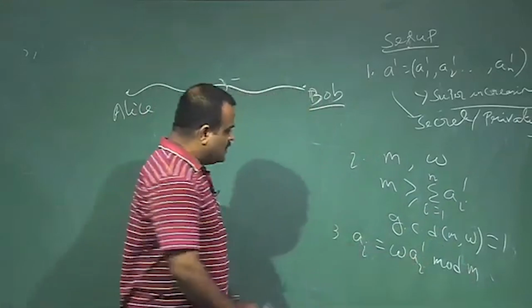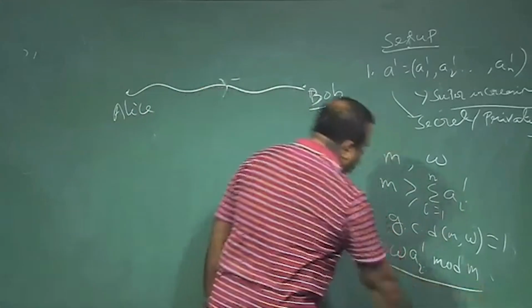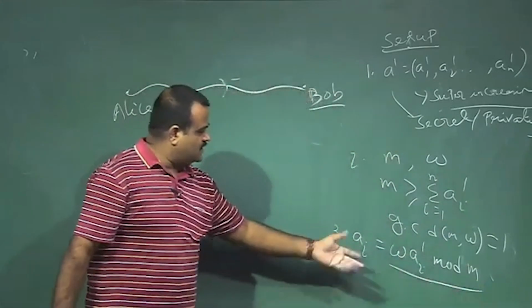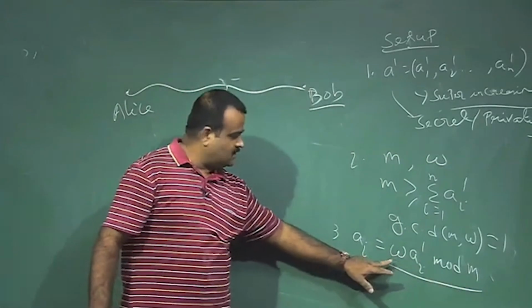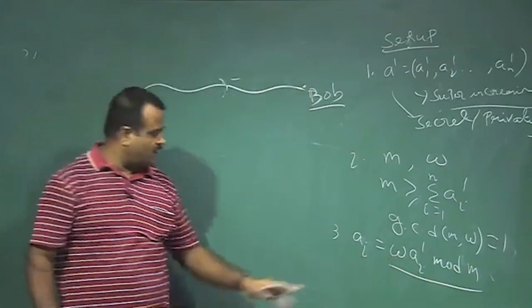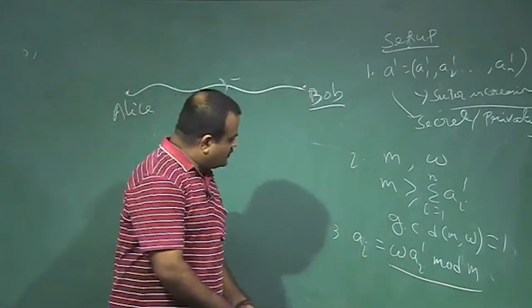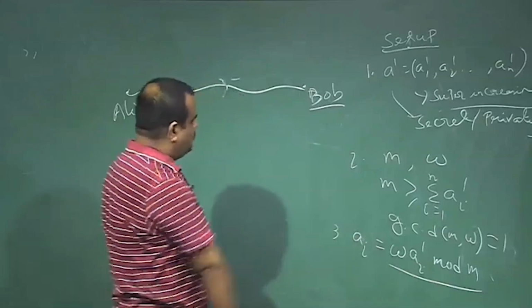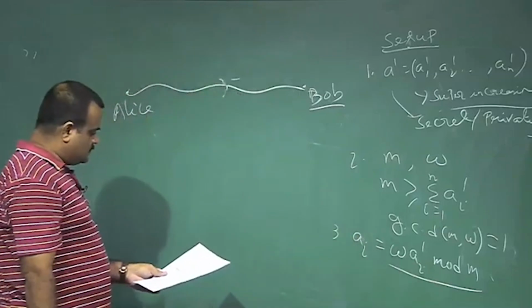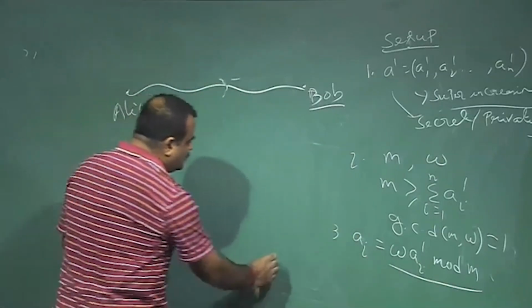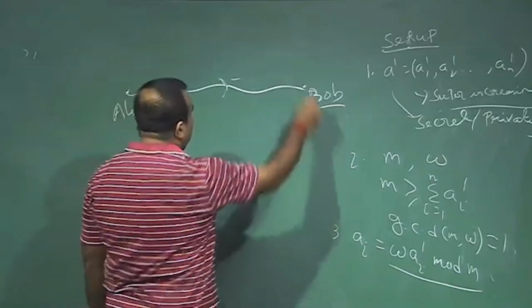Now this will destroy the super increasing property. So this is the tactic. This way we destroy the super increasing property, and now this sequence, the ai's, we can make public. Okay. So this A is now public.